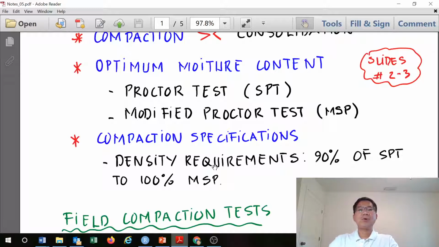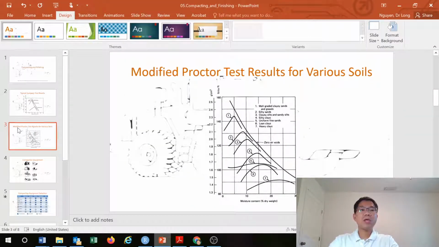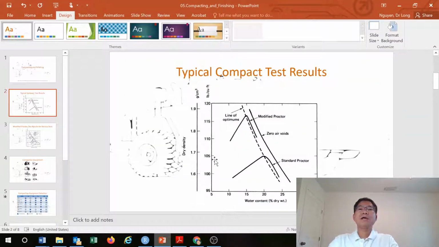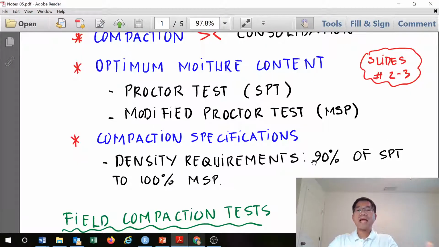For example, in the graph that you showed here, with the standard Proctor test, we can achieve the maximum dry density of 105. If we specify 90%, you have 105 times 90%, so it's about 94.5 pounds per cubic foot.